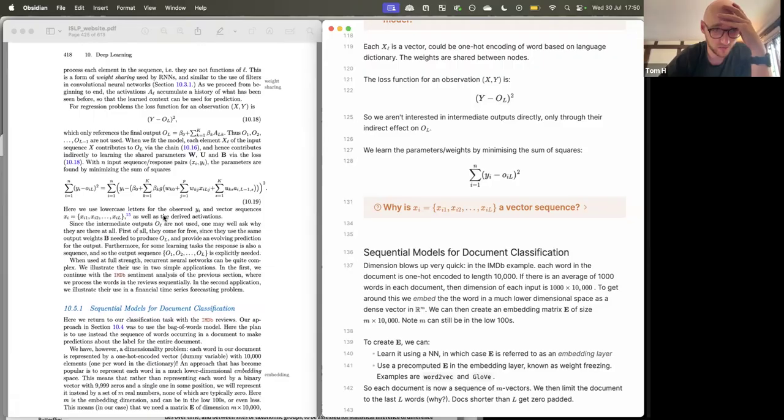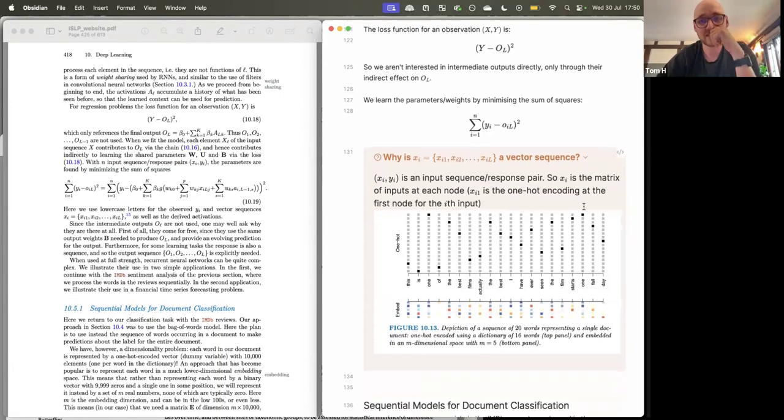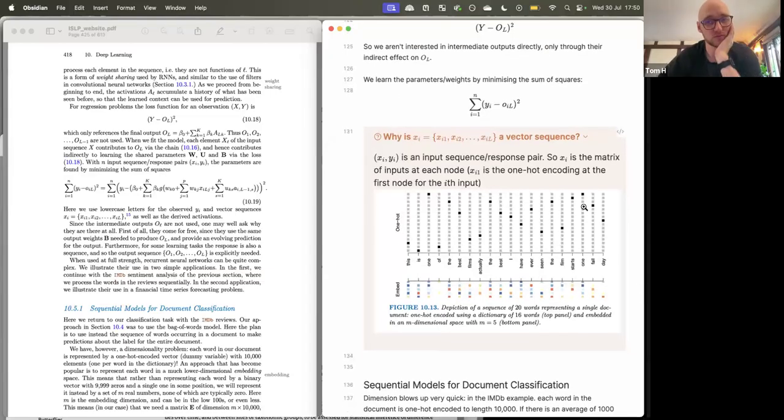It wasn't immediately obvious to me why this was a vector sequence, because it kind of looks like it shouldn't be, being a lowercase and having two indices. But this xi, yi is an input sequence response pair. So xi is the matrix of inputs at each node of all of your inputs. And each one of these is a one-hot vector. So each one is a vector.